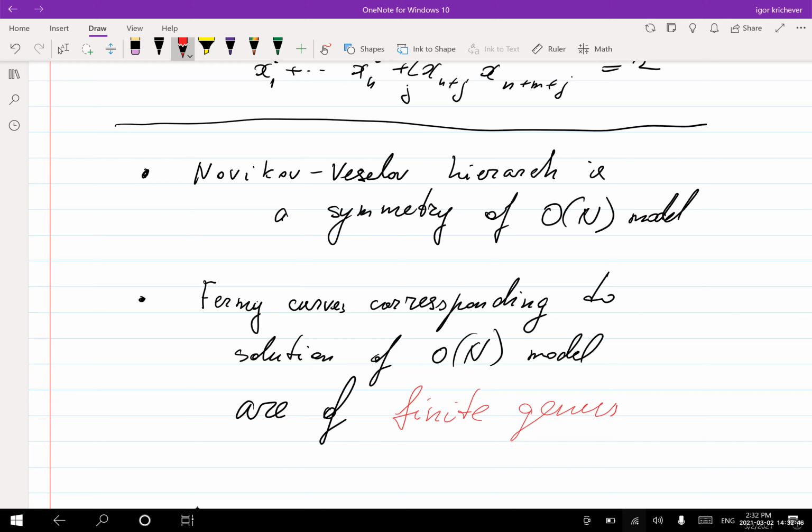Remember, one of the key results of Hitchin, when he proved that the corresponding curve is hyperelliptic, is that it has only a finite number of branch points. Now the claim is that the solutions we constructed with Nikita are all solutions. We constructed solutions starting from a curve of finite genus. Now we claim they are all.